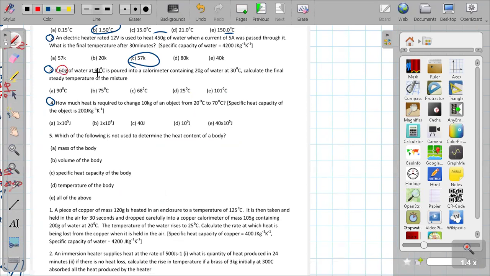If 60 gram of water at 90 degrees Celsius is poured into a calorimeter containing 20 gram of water at 30 degrees Celsius, calculate the final steady temperature of the mixture.